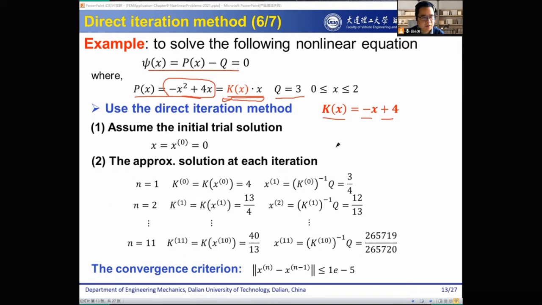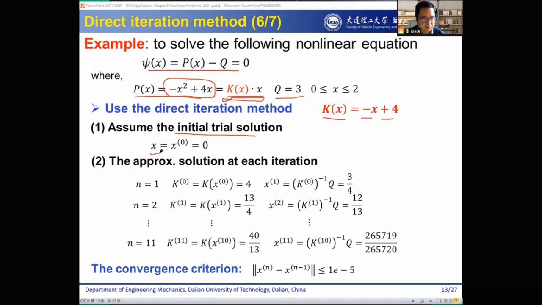So we start from the initial value. Some people may ask whether the convergence depends on which initial value we choose. This is true, and it is another disadvantage of the direct iteration method.